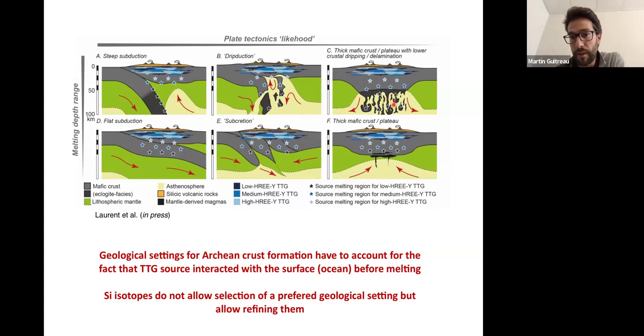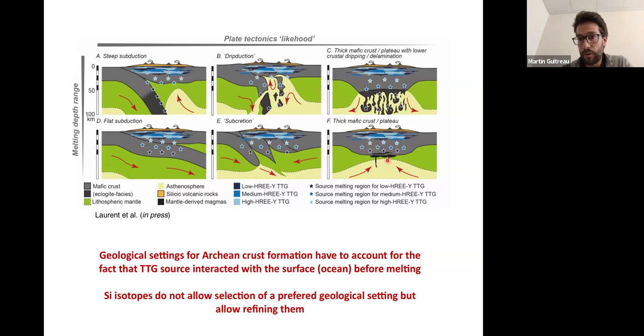But if you think about these stagnant lid models, like this one with delamination or melting at the bottom of this thick plateau, the only way these models are possible is if they form through accumulation of basaltic layers, and that you had enough time for oceans to deposit silica through silicification before piling up things. So these sort of stagnant lid models are not impossible to account for the formation of TTGs, but they have to take into account these simple facts.